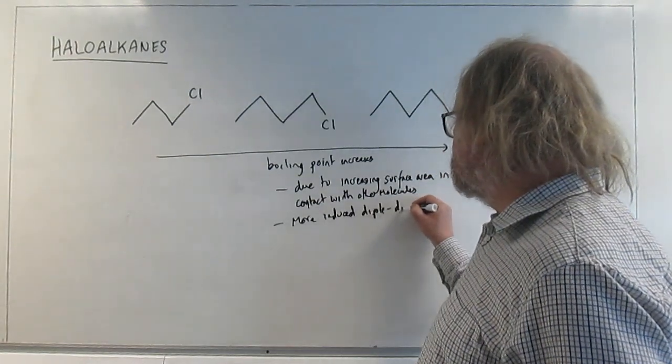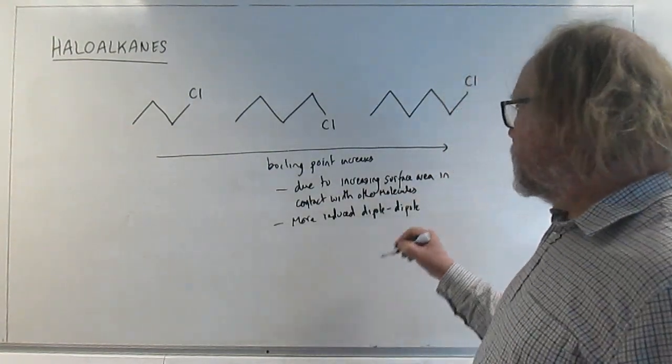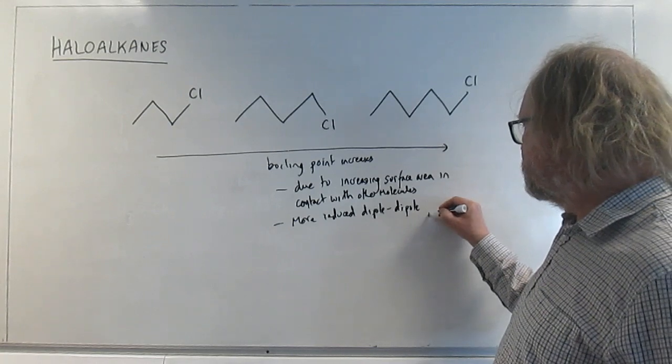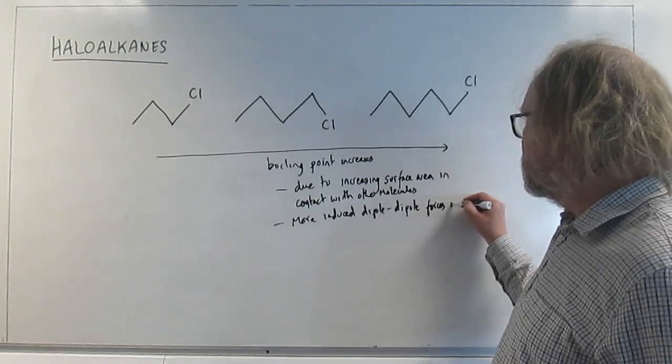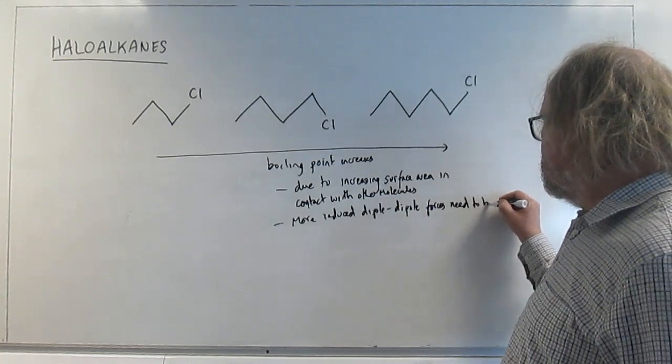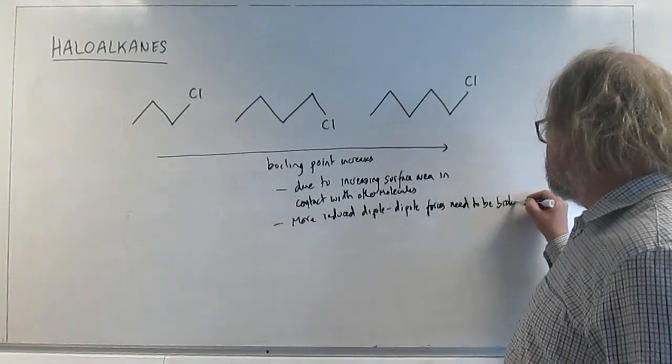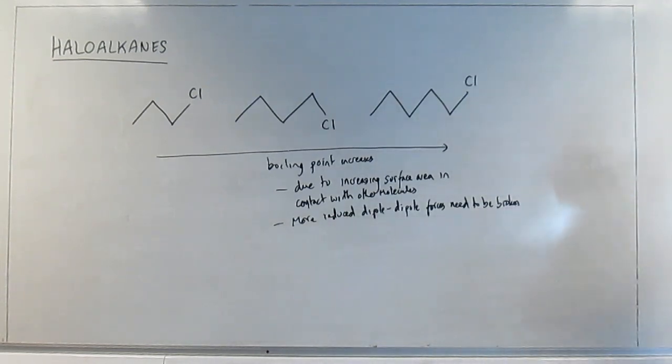I won't write the whole lot out again, but you get the idea. So more of those need to be broken, so the energy required is greater, and therefore the boiling point is bigger, or the melting point is bigger, or whatever.